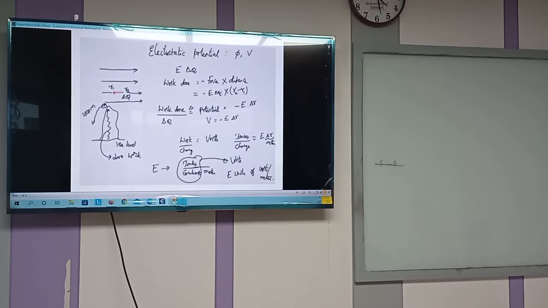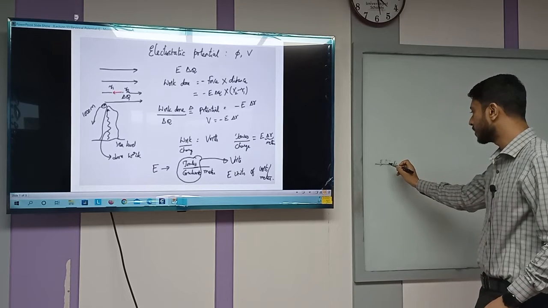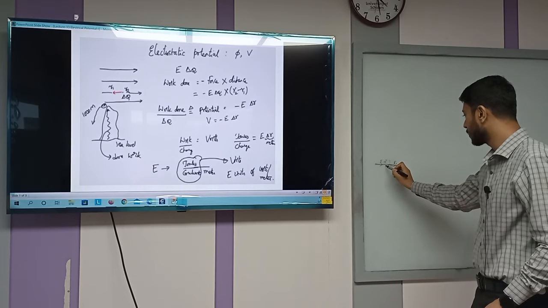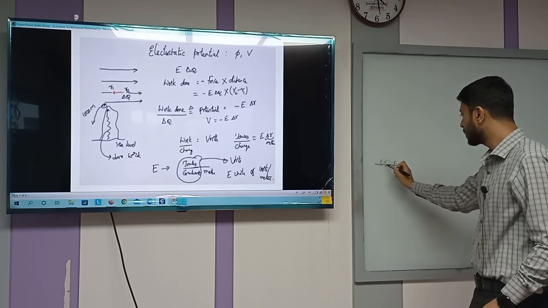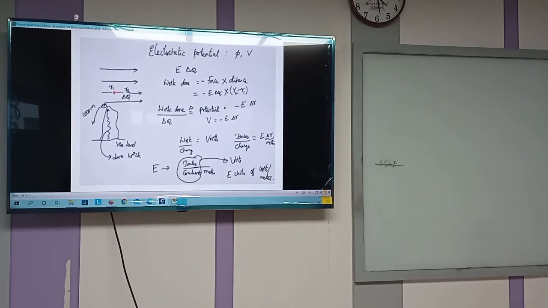I move it a distance of d, and I apply a force F, then work done will be force times distance. So, from a mechanical point of view, if there is a block present over here and you want to move it, you have to apply some force, and if you multiply that by the distance it moves, you will get your work done. So force times distance will give you the energy.